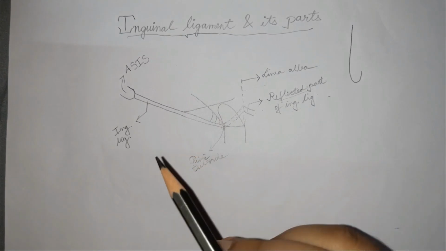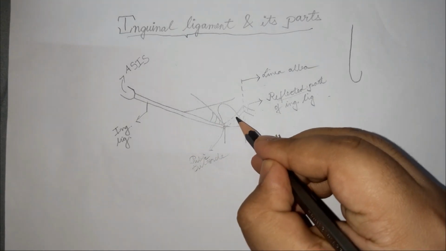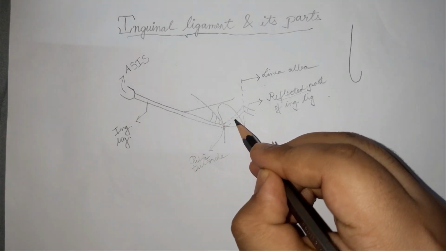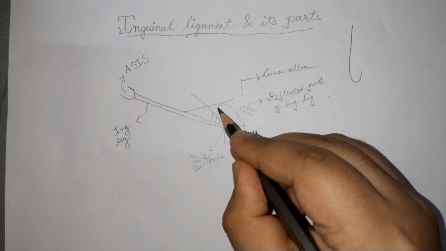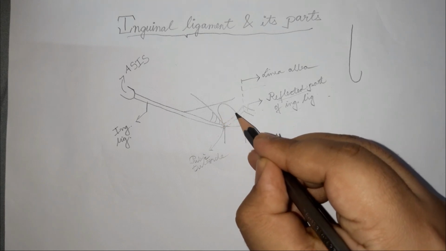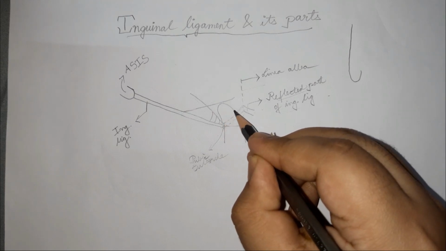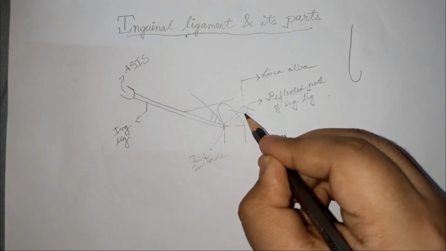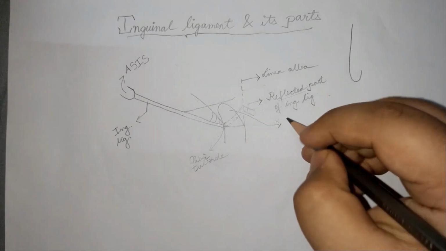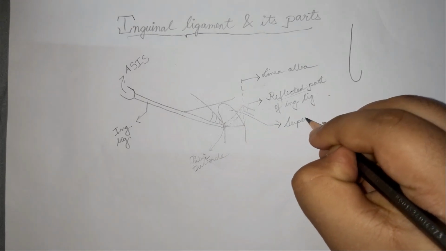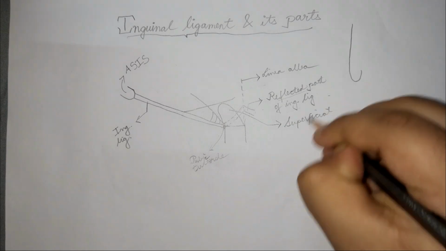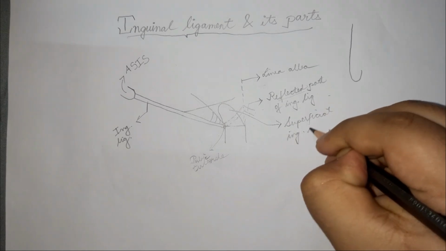Now, I hope you can appreciate this U-shaped thing that has been drawn. This is the superficial inguinal ring.